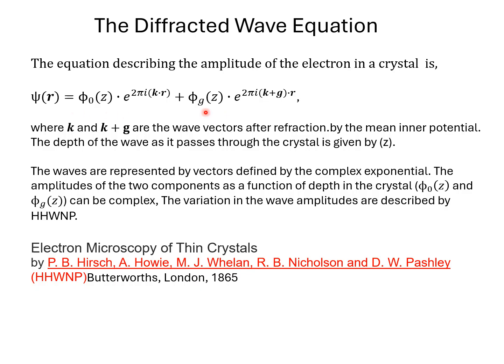So wherever you are in the crystal, you're going to be sampling a bit of both, especially if you're thinking about a column. And why are you doing that? Why would you, even though this is a direct beam, if you like, and a diffracted beam, why do you think of them as being coupled? Because they are coupled.